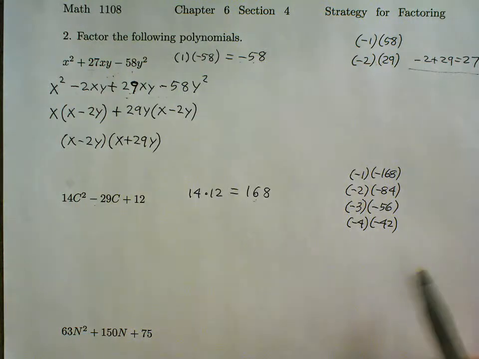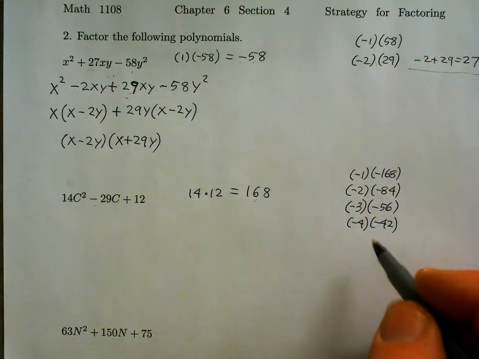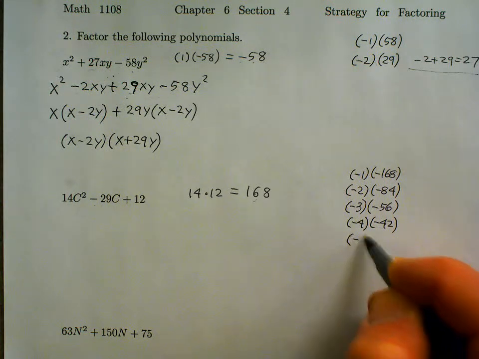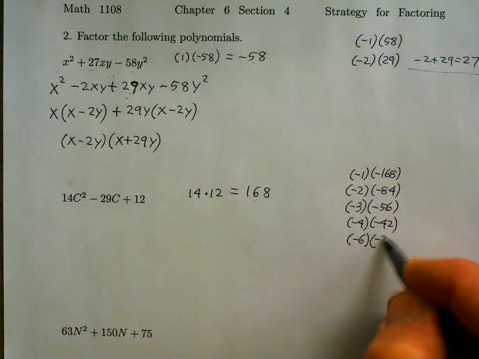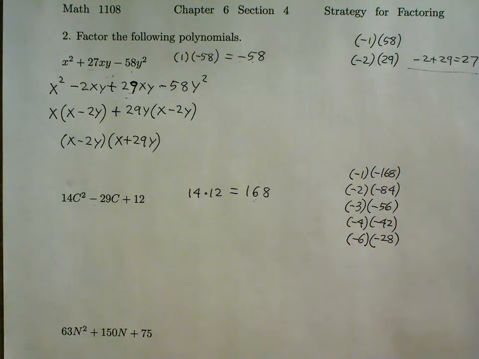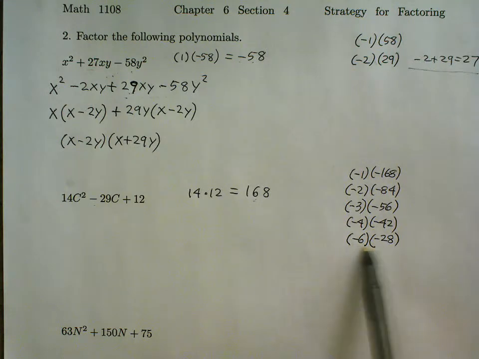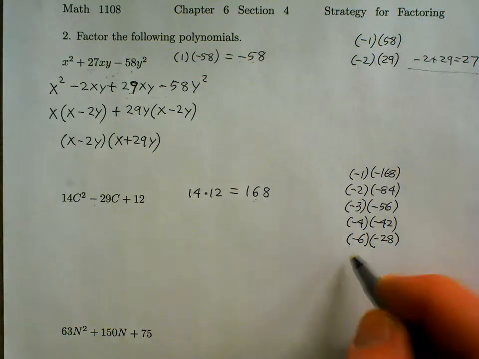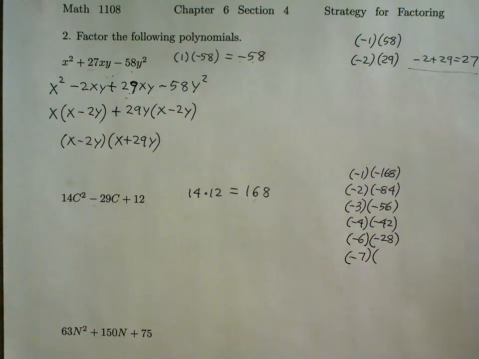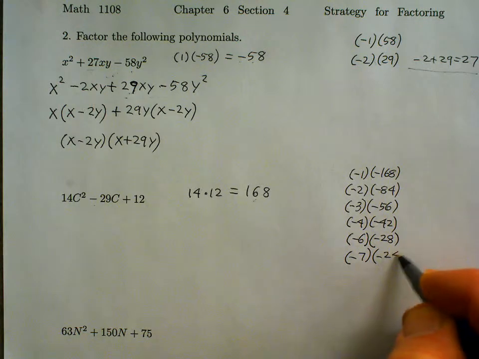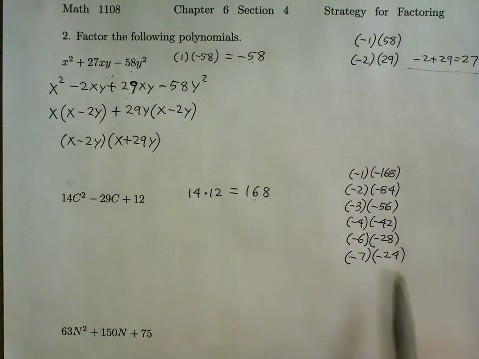Negative 5 is not an integer factor, but negative 6 times negative 28. Those add up to negative 34. The next pair, negative 7 times negative 24. Those add up to negative 31.